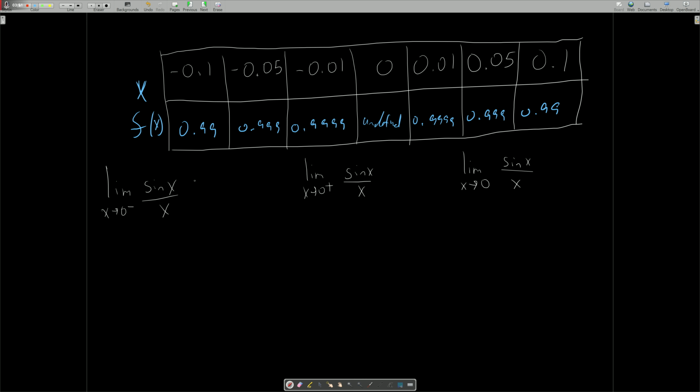You can see we're approaching from the left, approaching from the right, and approaching from both sides here. So as we approach from the left, you can see we got 0.99, 0.999, 0.9999, and that value is really approaching 1, as you can see right there. Same thing from the right, we have the same numbers, it's also approaching 1. And so the limit of sine x over x as x approaches 0 is 1.